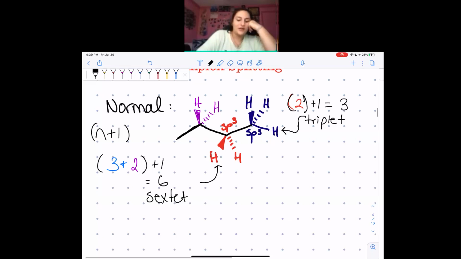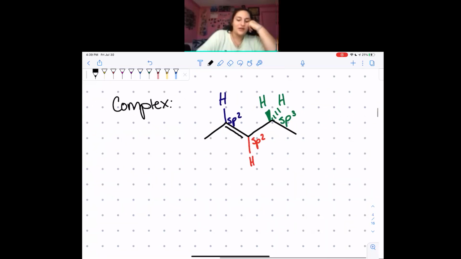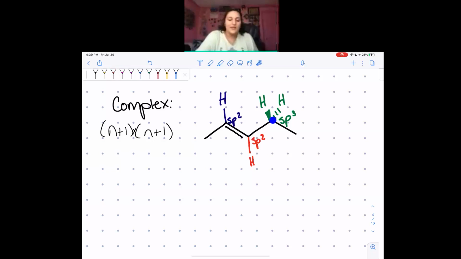Okay, so complex splitting is a little bit different. Now we do n+1 times n+1. Let's look at the red hydrogen again. The red hydrogen is sp2 on one side, and this one is sp3, so the value between this and this is different.